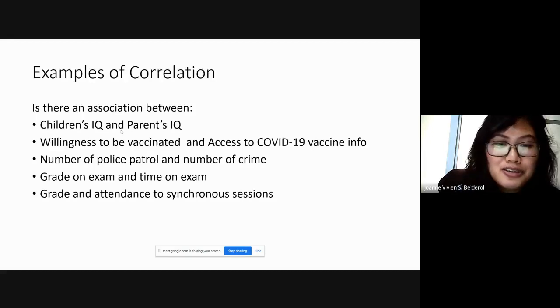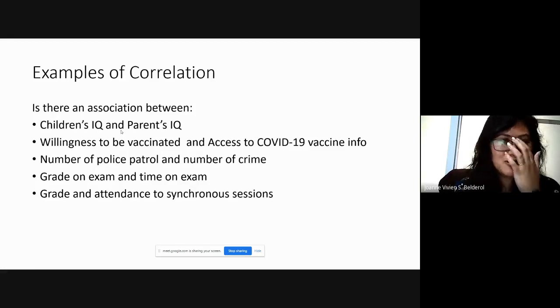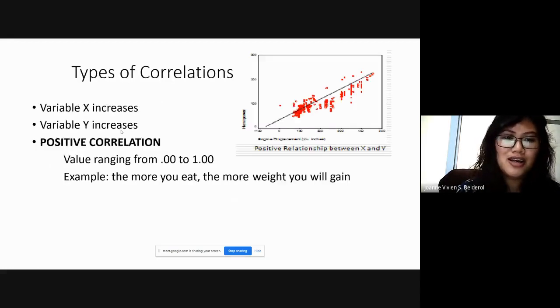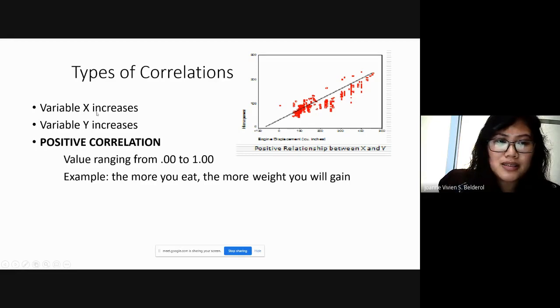Okay, very good. So I hope that's clear, no? You now know how to interpret direct, indirect, or positive and negative relationships. Okay, let's proceed. So these are your types of correlation. So this one is the positive correlation or your direct relationship. So again, in positive correlation, variable X increases and variable Y increases. So same ilahang direction.